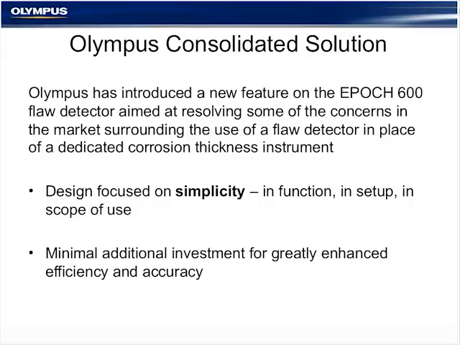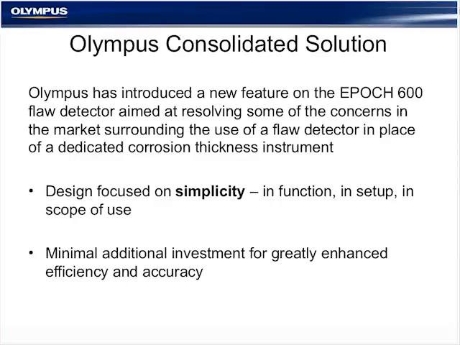So our efforts from Olympus with this corrosion feature are to simplify this overall process, both in function, in initial setup of the instrument, and also in the scope of its use. So this feature is intended to hit at the core corrosion applications and markets, not necessarily deal with some of the higher and more sophisticated considerations in the corrosion market, but again, focus on a very simple approach.